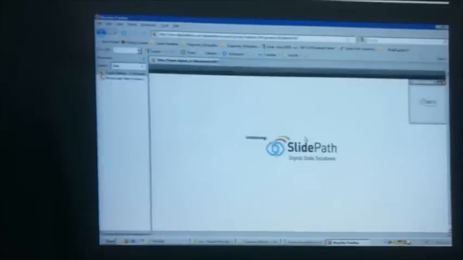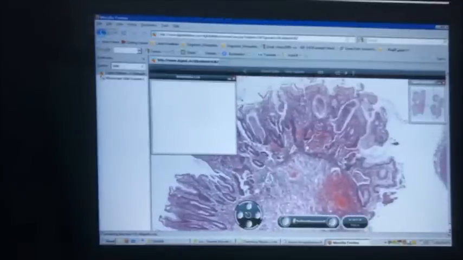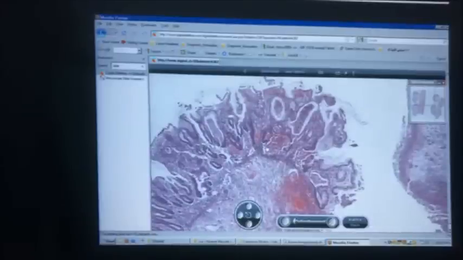So you can go case by case, and for every case you have the text related to this case with the diagnosis, with the diagnostic criteria of such a case. So these you will never forget. Okay, you will go see the digital slide, and you will have the diagnosis in detail attached to this slide. Okay?